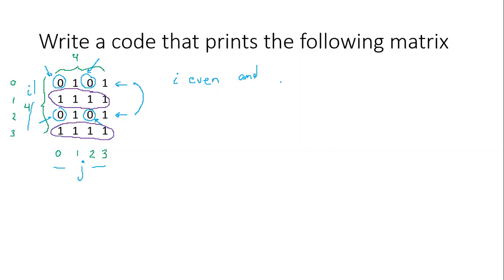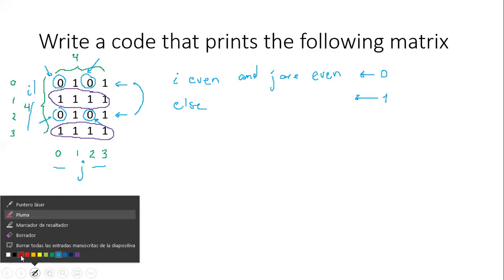So if I's are evens and J's are even too, then we place a 0. Everything else receives a 1. Okay, this should be more than enough. Now, that is how we solve the problem, just by inspection in just nice little words.